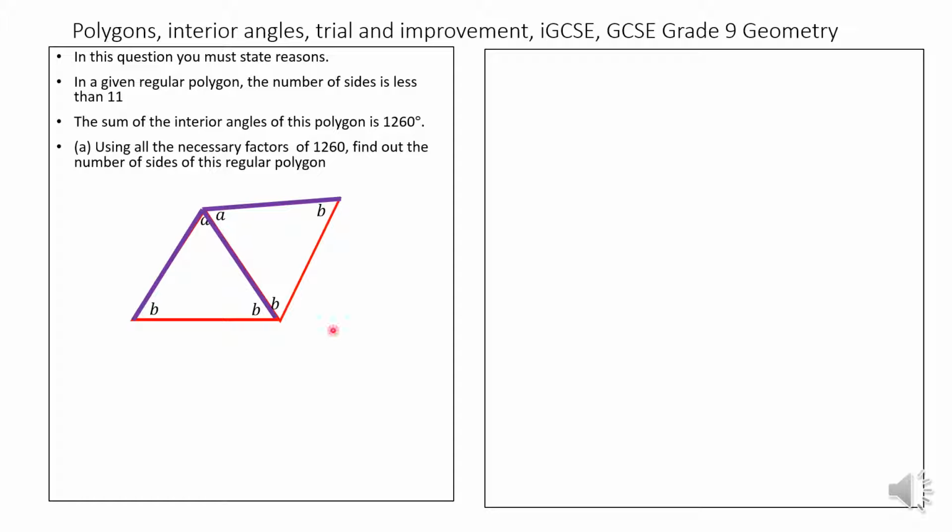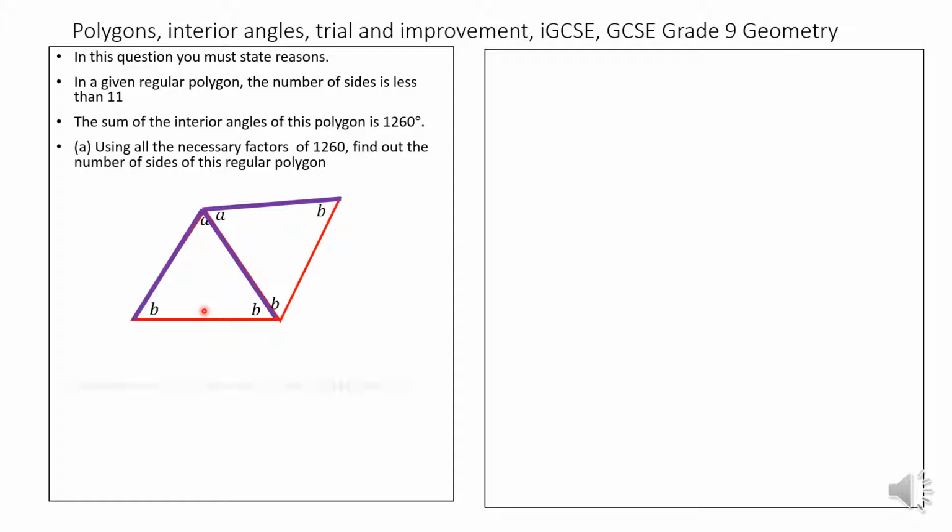For instance, this angle here is an interior angle and is bisected to give us two B's. Similarly, you can also bisect this interior angle to give us two B's as well. So two B's, that is B plus B, give us the value of each interior angle.